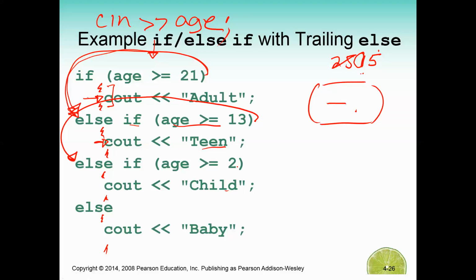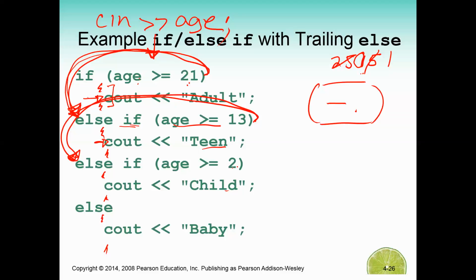Now let's suppose that the value was 1. So we start again and we get 1 in age, and we ask, is age, which is 1, greater than or equal to 21? No, so we jump to the else. Then we ask again, is the age greater than or equal to 13? No, so we jump. And now in this one, is the age greater than or equal to 2?